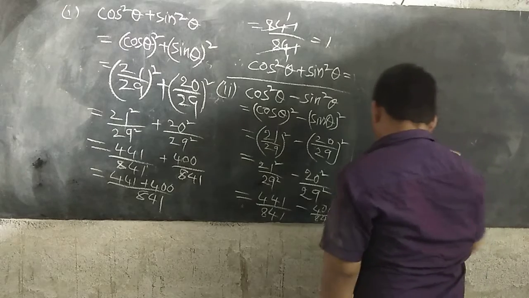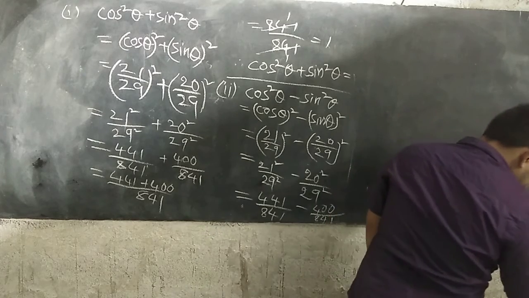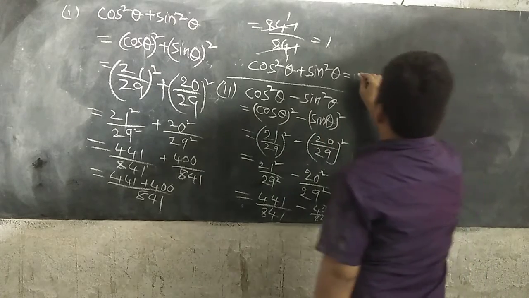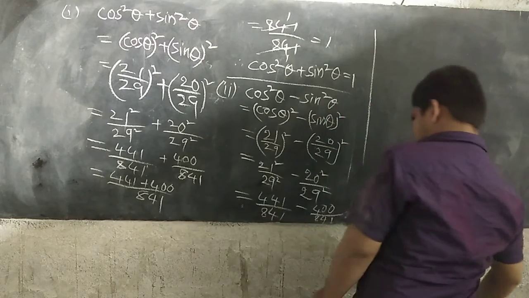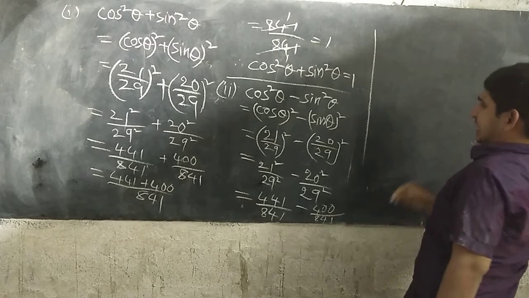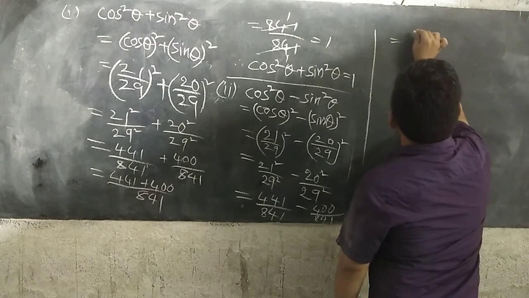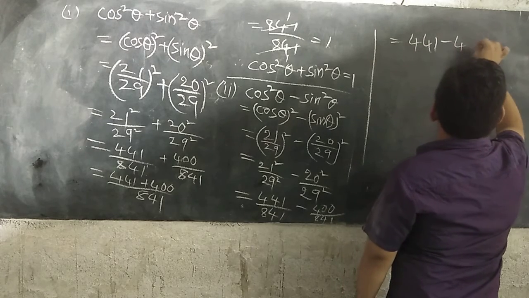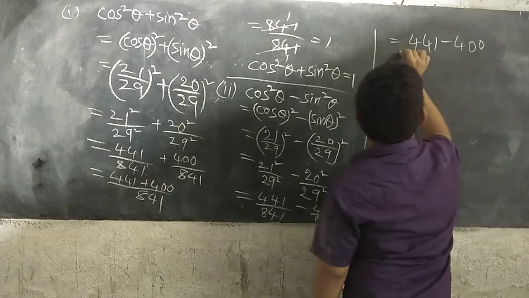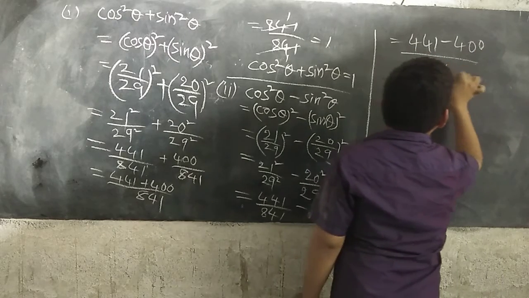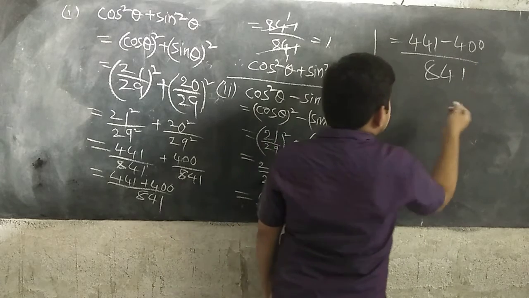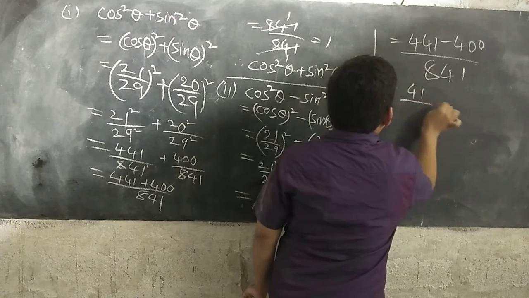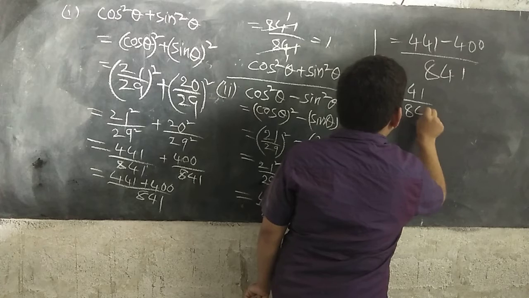So we have 441 minus 400 by 841. 441 minus 400 is 41, so 41 by 841.